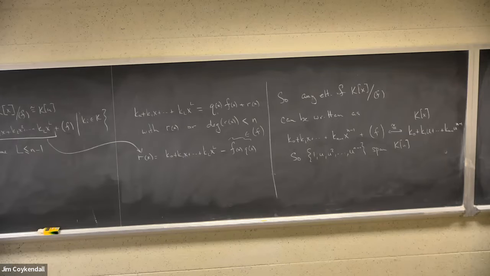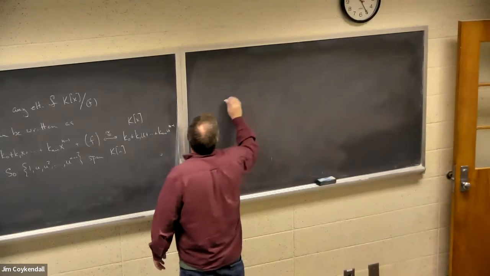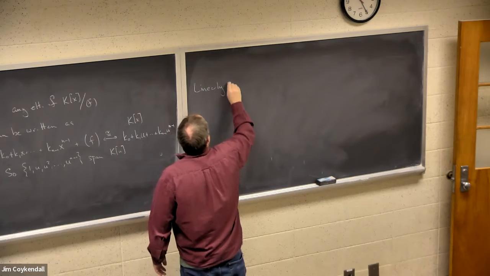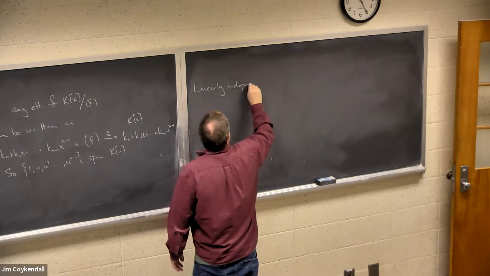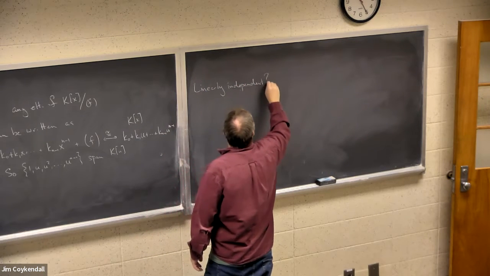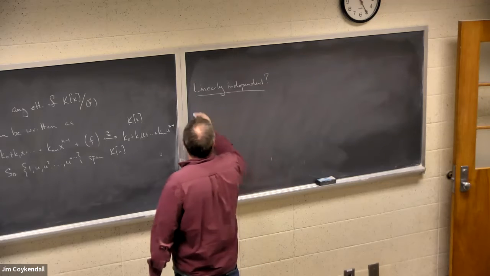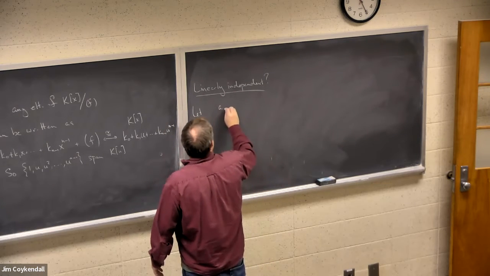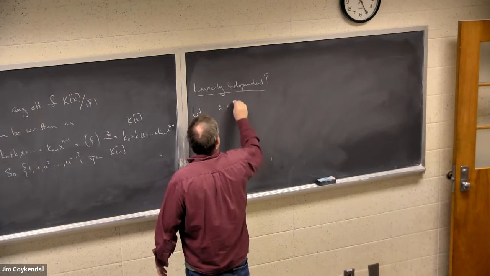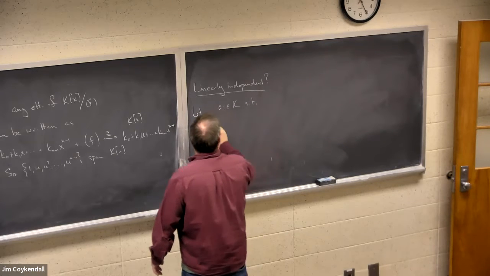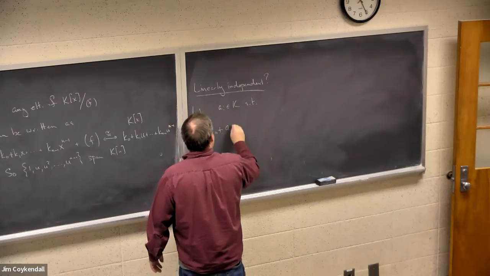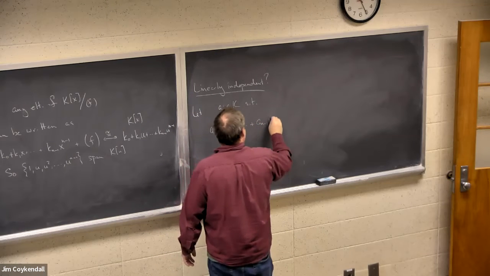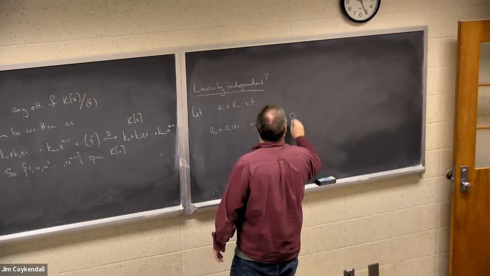And the reason is independence. Well, let me pick some A_i in K such that A0 plus A1 U up to A_{n-1} U^{n-1} equals 0.